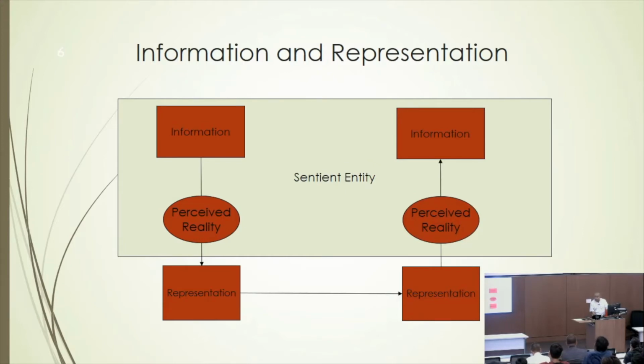And on the other side, a reverse translation takes place. So if I'm trying to send an idea to you, what assurance do I have that you got the idea that I was trying to send? Because I already translated it from that idea to the language, and then to the sound, and then you heard that sound. Maybe you were dreaming, didn't even hear that sound. Idea never got anywhere. Anyway, there are lots of implications of that.